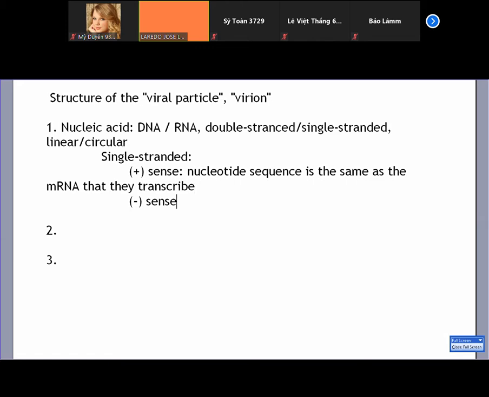We say that the single-stranded has a negative sense when the nucleotide sequence is complementary to the messenger RNA that they transcribe.